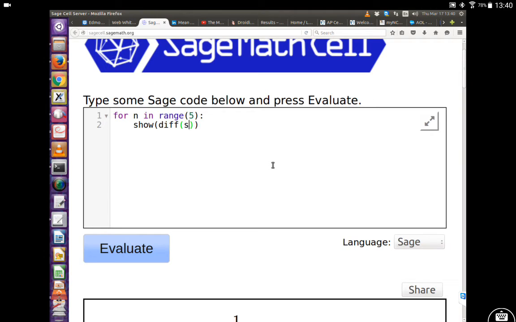How about the sine of n times x? Okay, let's see. Now, do I have enough parentheses here? Yeah, don't forget to close the show, and don't forget, inside the diff, you have to say you're differentiating with respect to x or whatever your variable is, and let's see what we get.